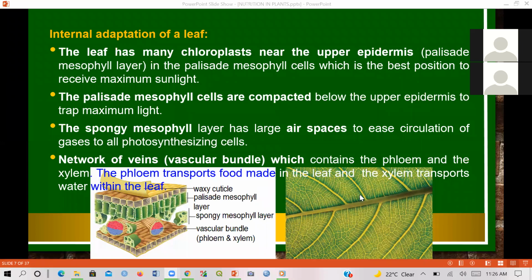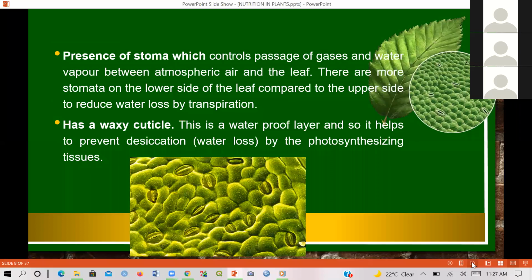Okay, somebody is asking a question in the chat box that she doesn't understand the meaning of waterproof. Joanna is asking what is waterproof. Okay, maybe Joanna, quickly, waterproof means it doesn't let out water.